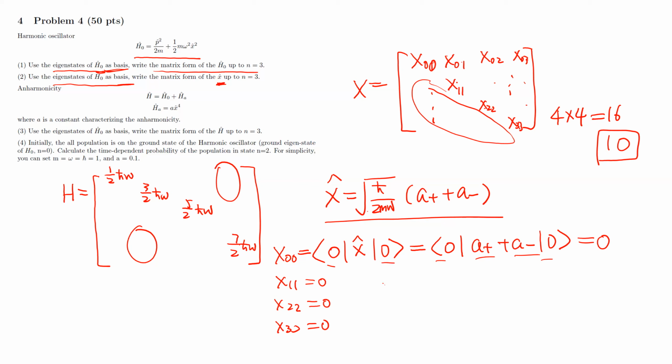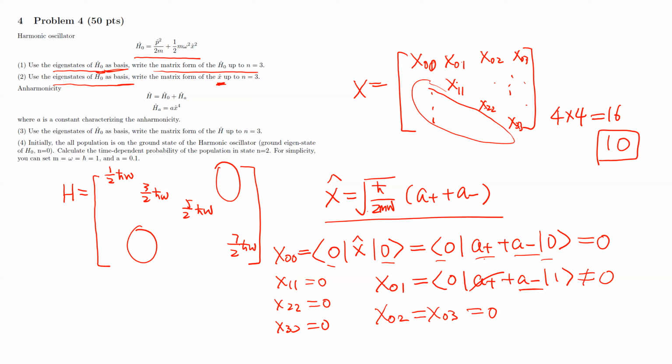Okay, so what is not 0? X0,1 could be non-zero, because in 0 with A plus plus A minus with 1, the A plus term doesn't matter, but the A minus term is not equal to 0. And how about X0,2 and X0,3? Those must be 0 as well, right?